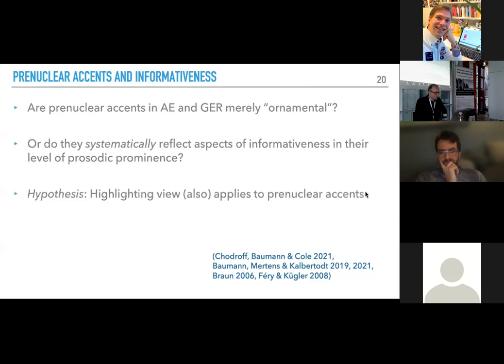Actually, there are some, but few previous studies on German, by Bettina Braun, 2006, and Kirian Kübler, 2008, which suggested some systematic effects and that peak scaling and alignment in prenuclear accents actually do reflect some meaning differences. Subtle, but there is some reflection of meaning.